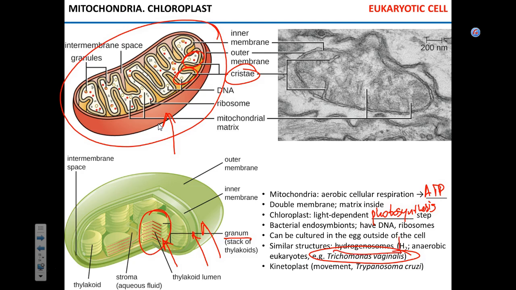It produces hydrogen. Why is it so exciting? What can be so exciting about a sexually transmitted disease? Why is it so exciting that it produces hydrogen? How can we use hydrogen? As a fuel, there we go.